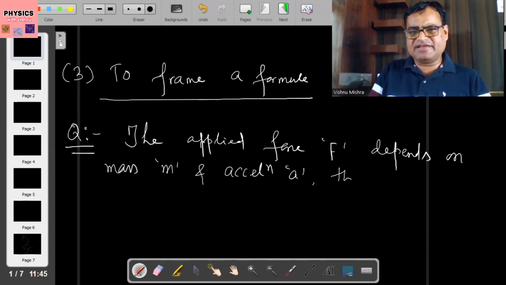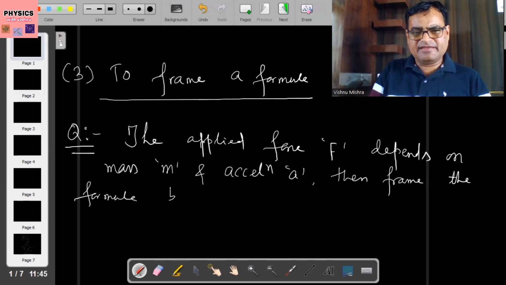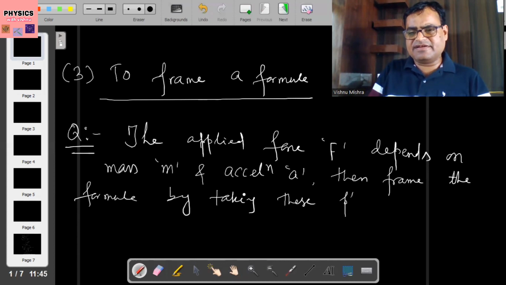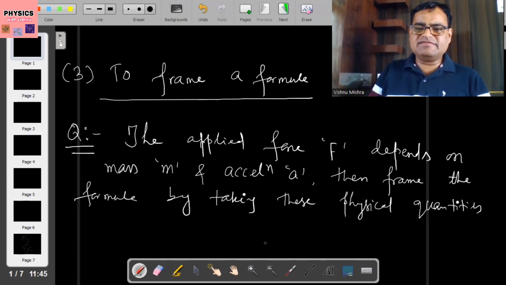Then frame the formula by taking these physical quantities. You have to frame the formula by taking these physical quantities.